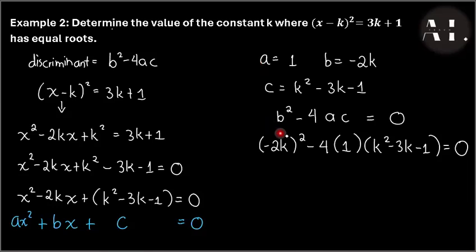Further simplifying, the square of negative 2k is 4k squared. Simplify this first. Negative 4 times 1 is negative 4. Then copy the next term. Next, distribute negative 4 across the terms in the parentheses.